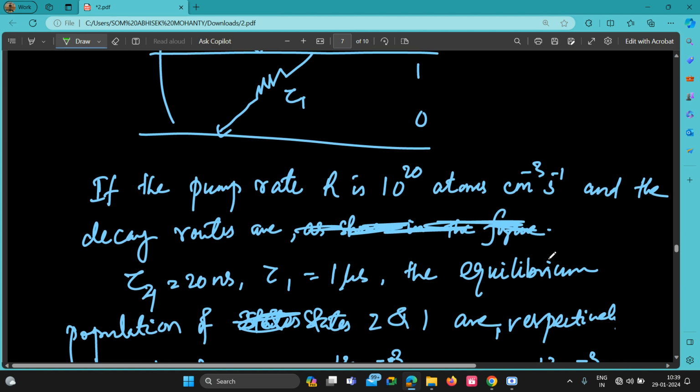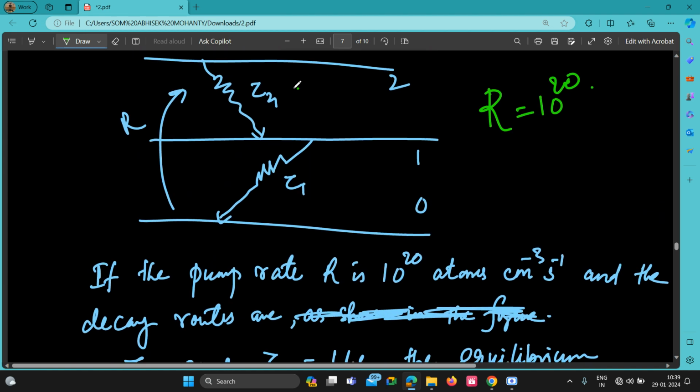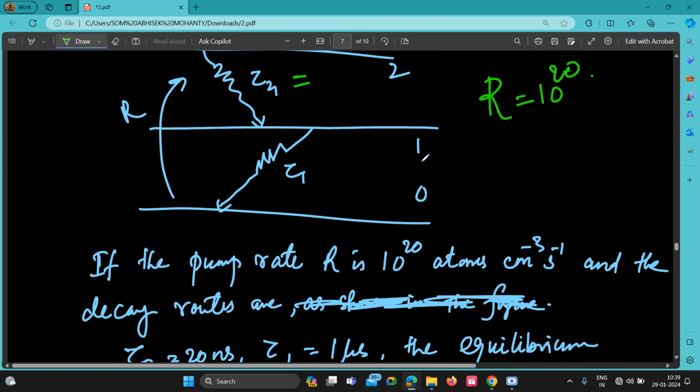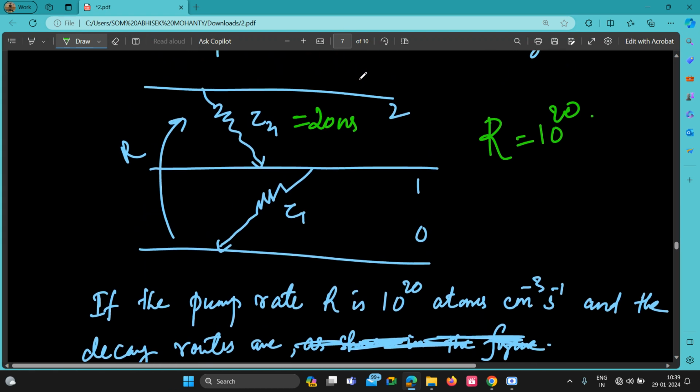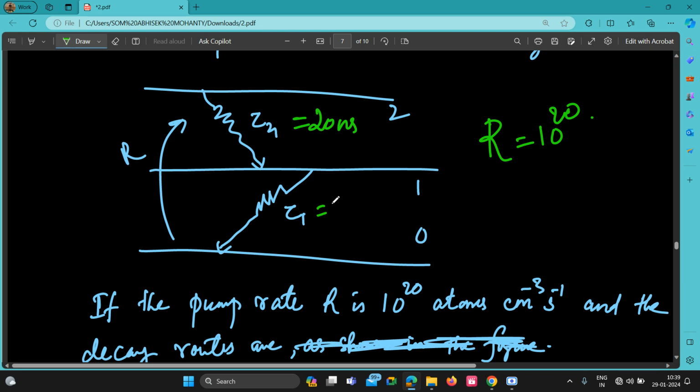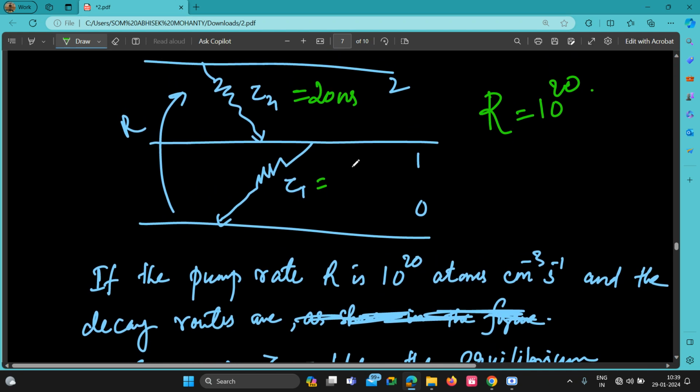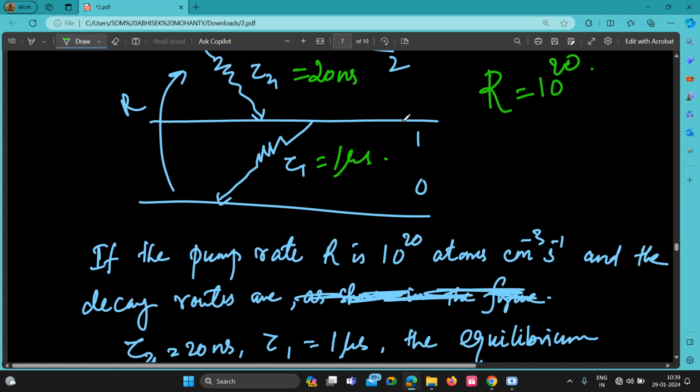Decay rates are given: tau 21 is 20 nanoseconds and tau 1 is 1 microsecond. What you are asked is to calculate the equilibrium populations N2 and N1.